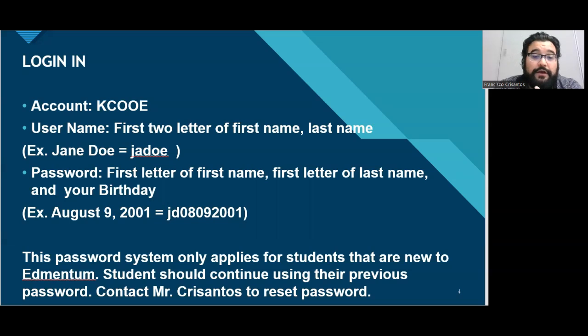For Jane Doe, if her birthday was August 9th, 2001, the password would be JD08092001. Notice you use two digits for the month and the date. Again, this new password system only applies to new Valley Oaks students.